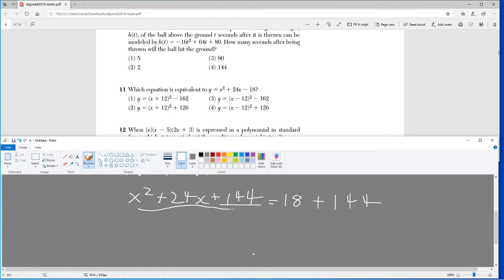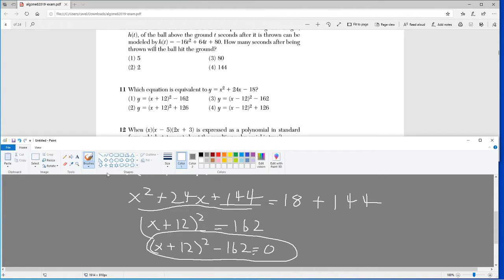So this part simplifies to x plus 12 squared is equal to 18 plus 144. So this is 162. x plus 12 squared minus 162 is equal to 0.